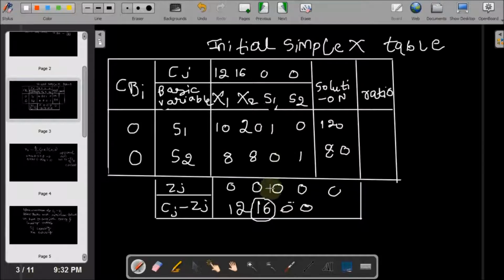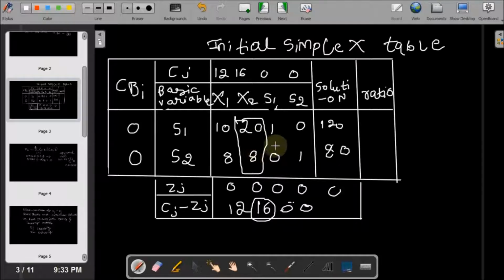So this particular column, with the 20 and 8, will become the key column. This is the key column where I find the maximum value of cj minus zj, which is 16.